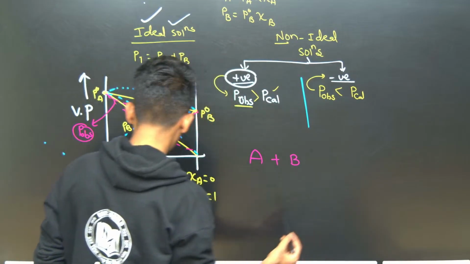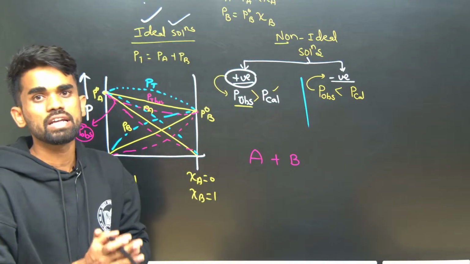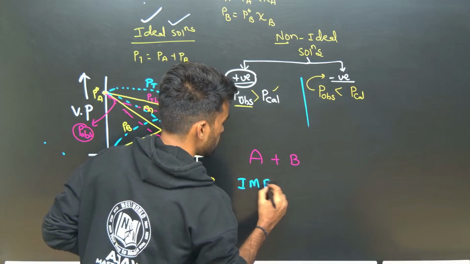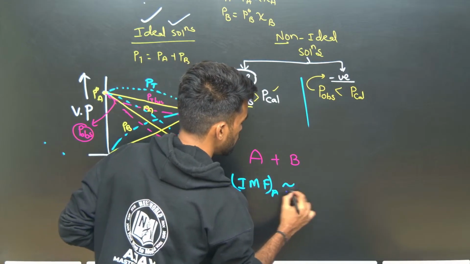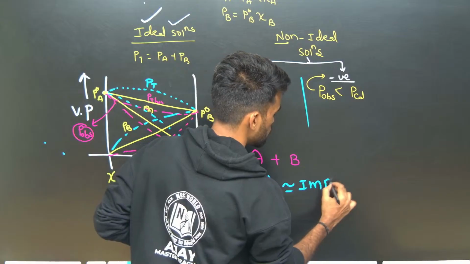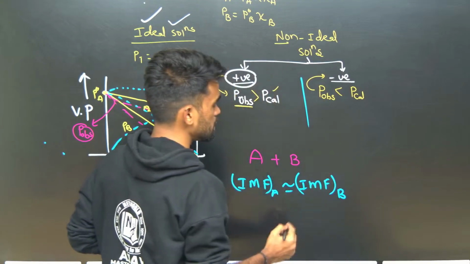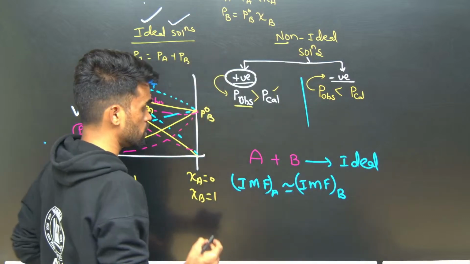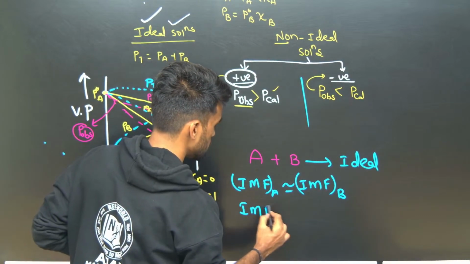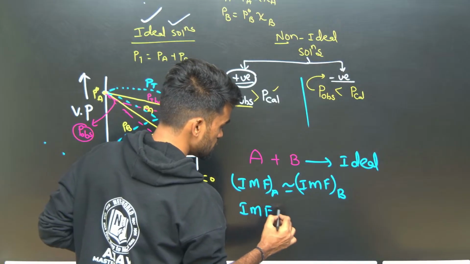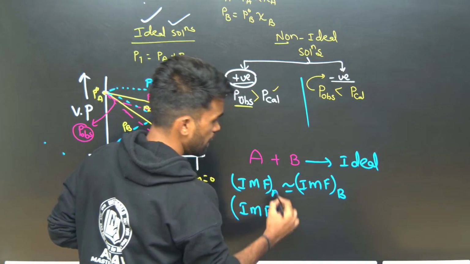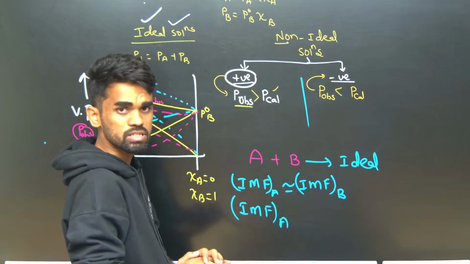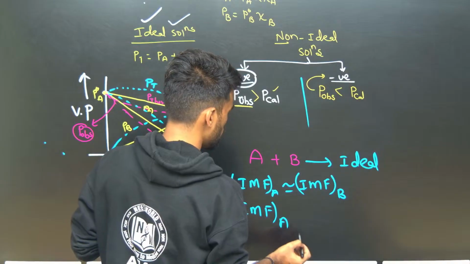If both A and B have the same type of intermolecular forces, IMF, if the intermolecular forces of A and B are almost same or similar, then I can say this forms an ideal solution. If intermolecular forces of A and B are almost same, after mixing also they will have the same intermolecular forces.